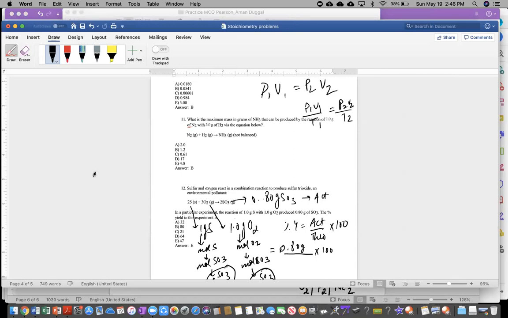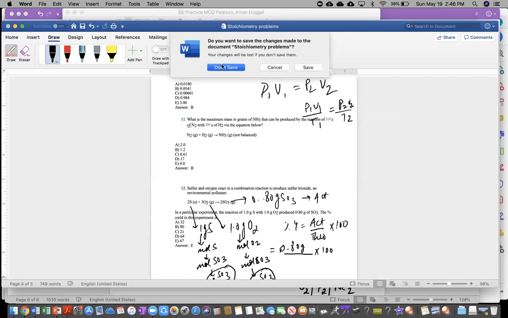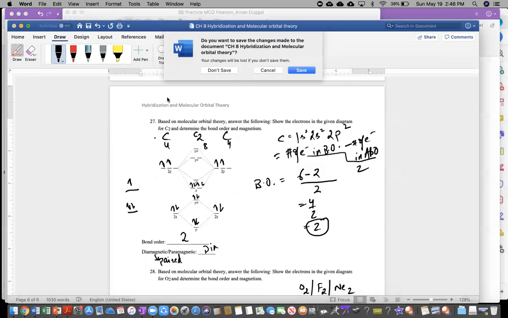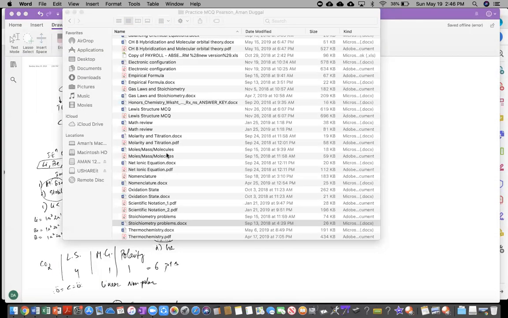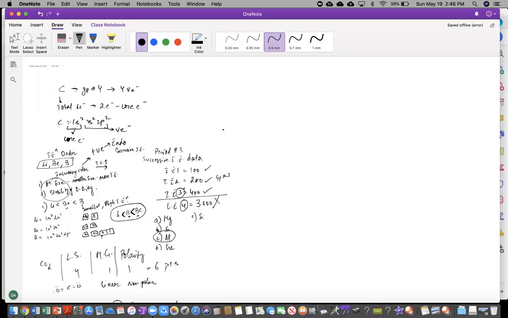What's an oxidation number again, Aman? Can you go over that real quick? Sure. Oxidation state or number is the same thing, or the charge.